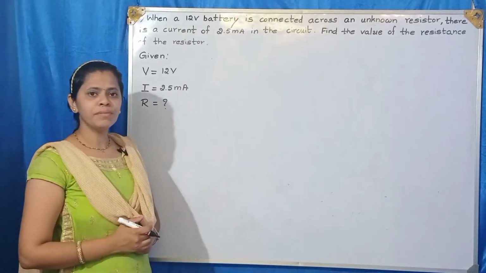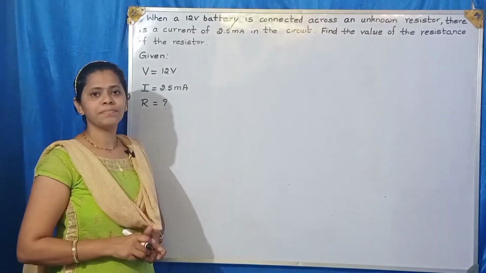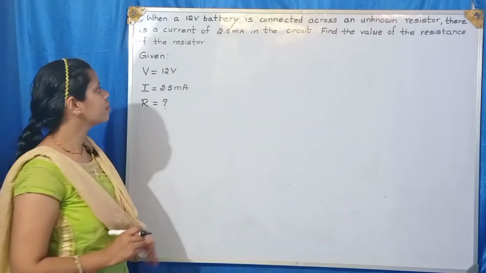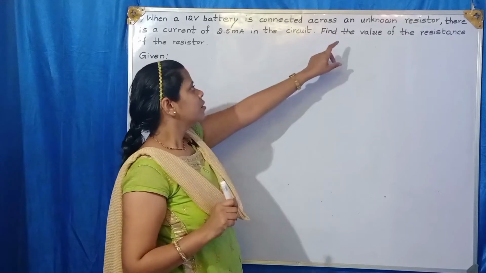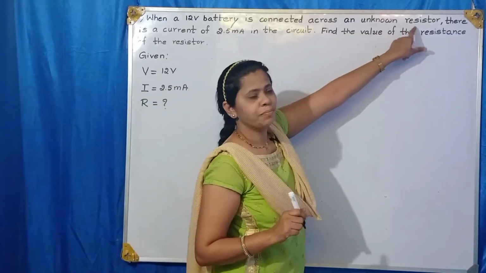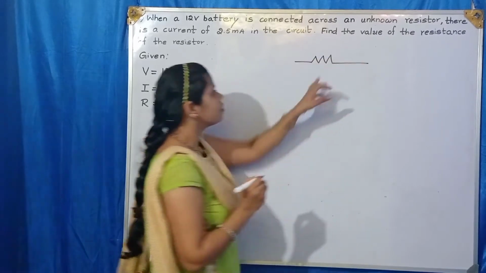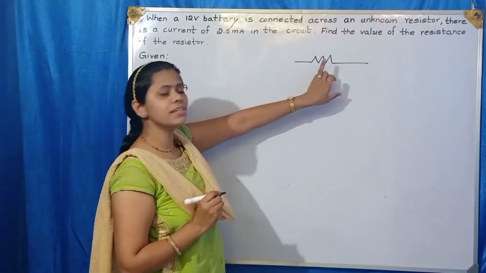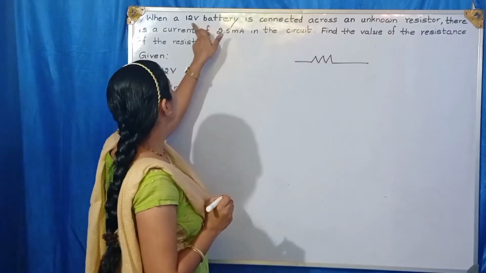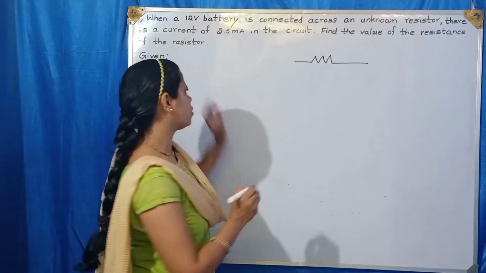Before doing this problem, let me explain it once. An unknown resistor means we don't know the resistance of this resistor. It is connected to a battery of 12 volt.